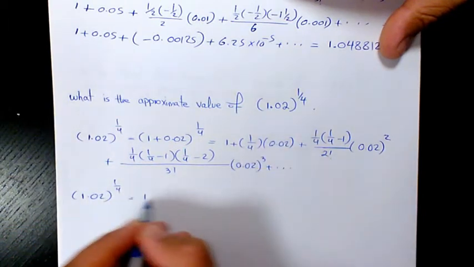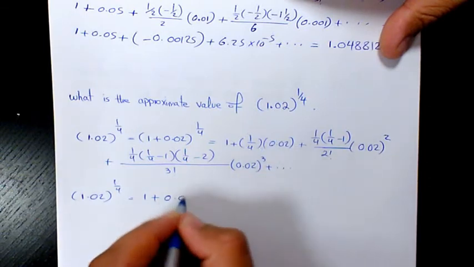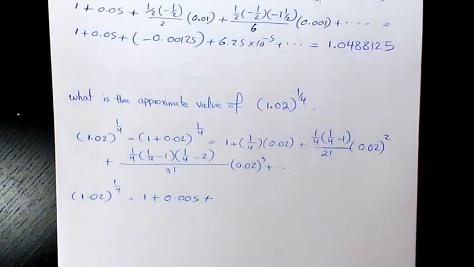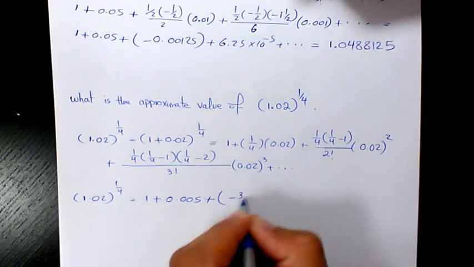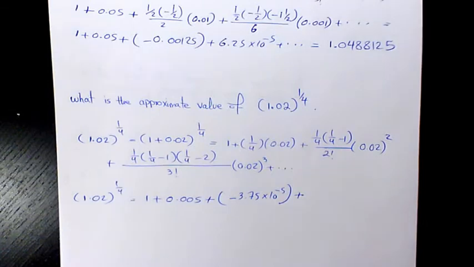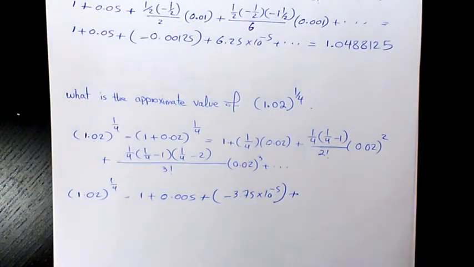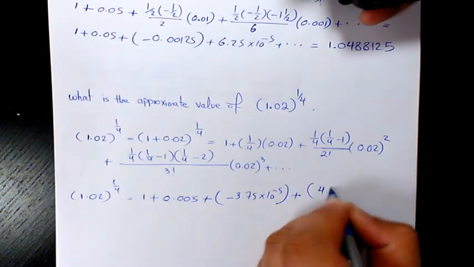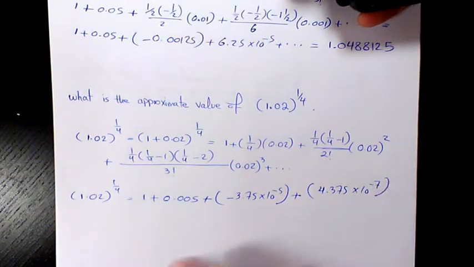It's going to be 1 plus 0.005 plus negative 3.75 times 10 to the power of negative 5, plus the next one is going to be 4.375 times 10 to the power of negative 7.